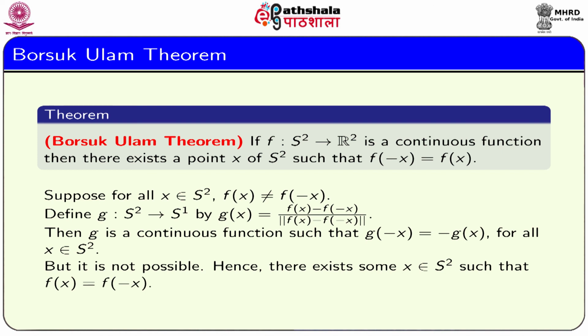But it is not possible because of the previous result. Hence, there exists some x in S2 such that fx is equal to f of minus x. So, we have proved Borsuk-Ulam theorem and Brouwer's fixed point theorem for dimension n equal to 2.